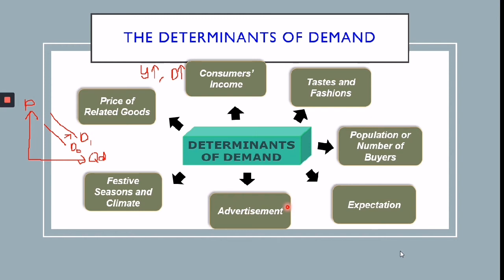Factor number 6 is about advertisement. Advertised goods normally have a higher demand because of awareness. Consumers will only buy goods and services when they are aware of the existence of those products. And surely it will attract people to the goods and services. And the last factor here is festive seasons and climate.